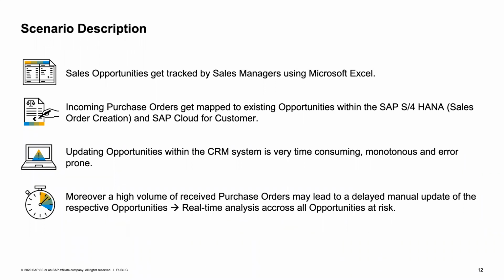As a result, you might not be able to control the organization if you're not able to handle this high volume of incoming purchase orders with error-free processing. This is why we thought it would be helpful to demonstrate how such a process can be automated.